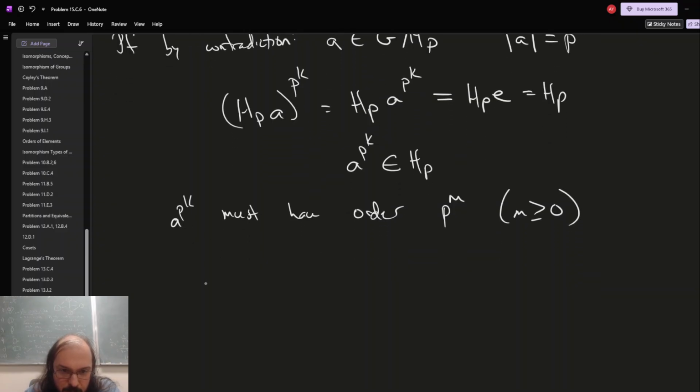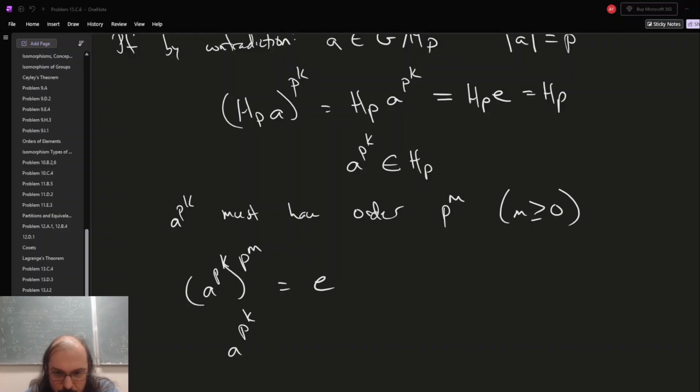This tells me that (a to the p to the k) to the p to the m equals e, but this is the same thing as a to the p to the k times p to the m. And now by doing just a little bit of algebra, this is a to the p to the k plus m. Did I do that right? Should be. But you see, this is itself a power of p.